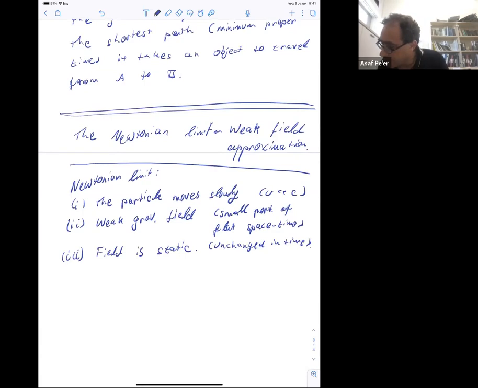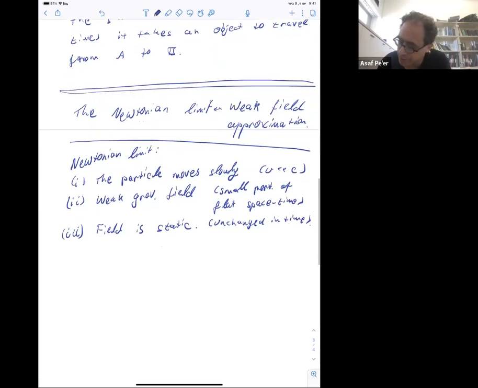So let's see. Moving slowly, I wrote it as v much smaller than c. Of course, the way to write it is that dx^i/dτ is much smaller than c dt/dτ.